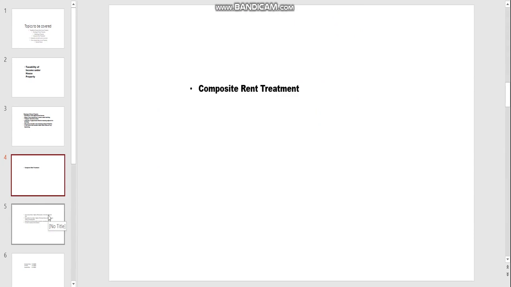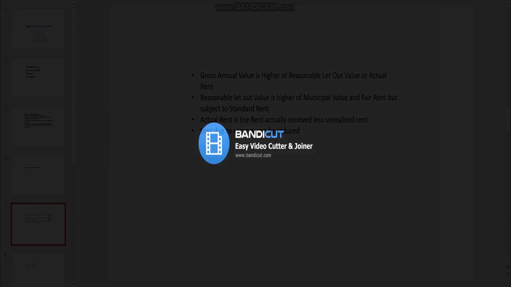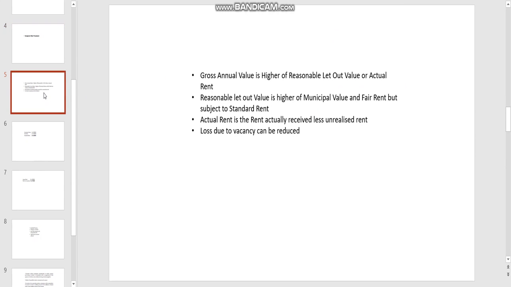Now let us see the computation of house property. Gross annual value is defined as the higher of reasonable let out value or the actual rent. Reasonable let out value is higher of municipal value and fair rent but subject to standard rent.